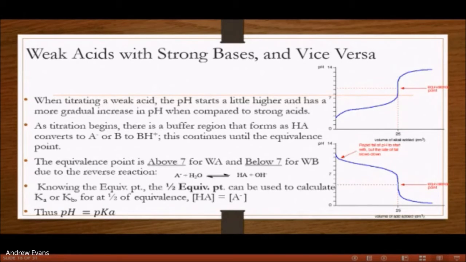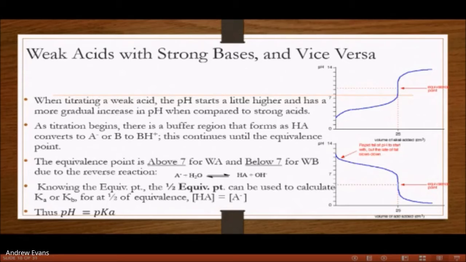And what that means for us is that if you have an unknown acid, but you have several different possibilities, by titrating it and measuring the pH at the equivalence point and the pH at the half equivalence point, you can figure out what the pKa of that acid is, or what the pKb of that base is. And thus, you can actually determine what that acid is.